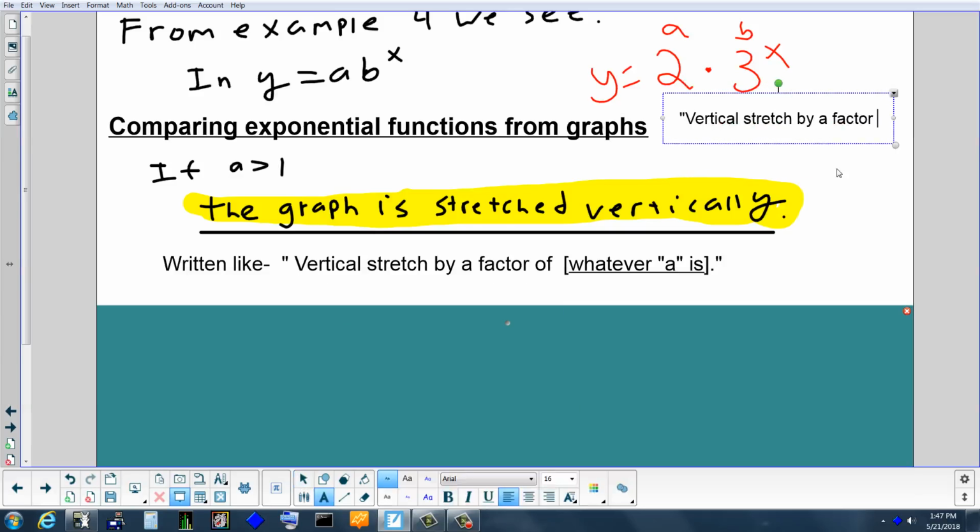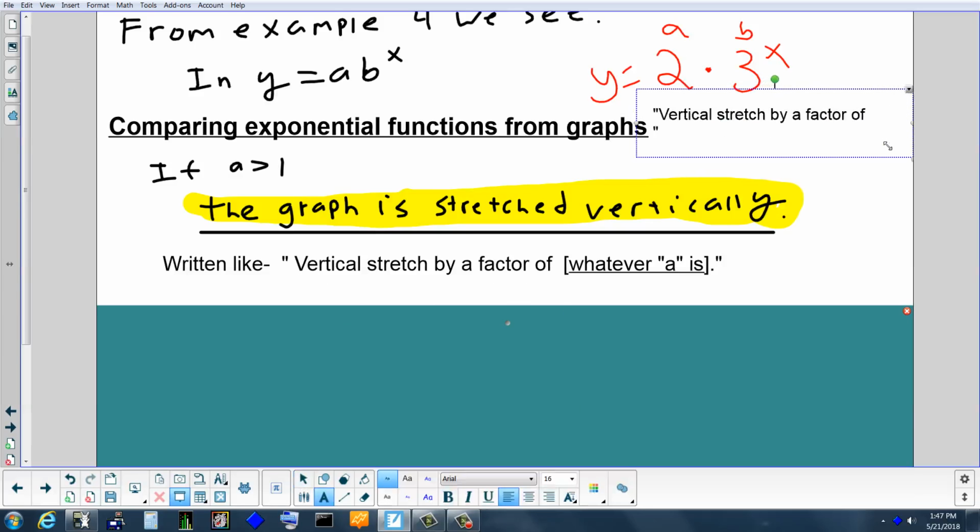In this case, what number is in the a spot? 2, right? Vertical stretch by a factor of 2. That's how you're comparing it.